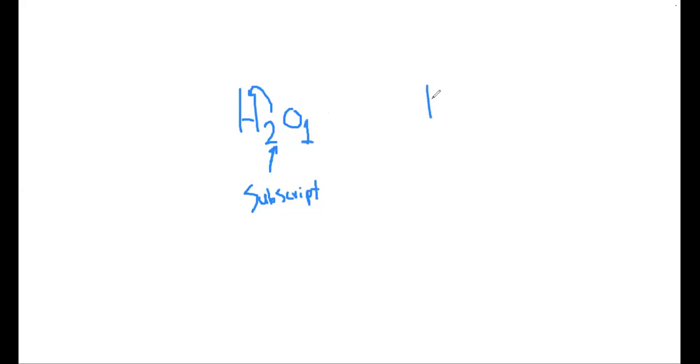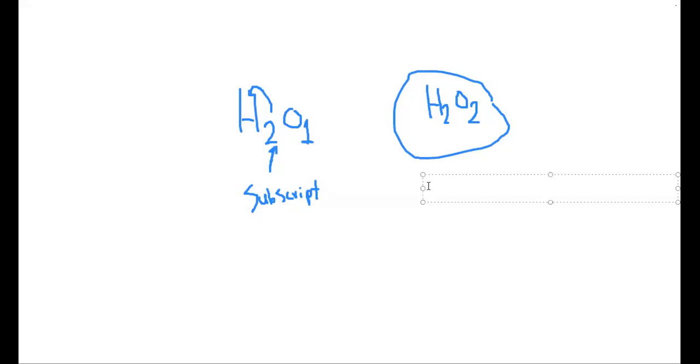Look at this chemical compound. It's not water. Do you know what it is?